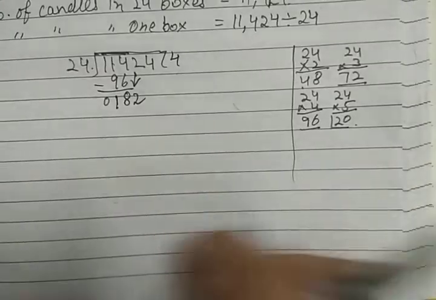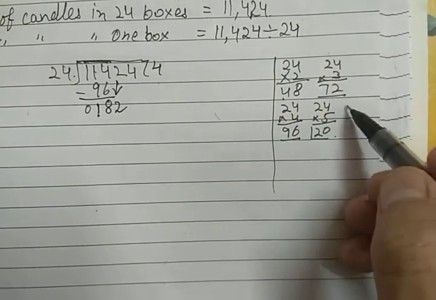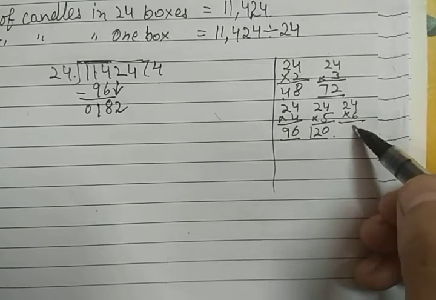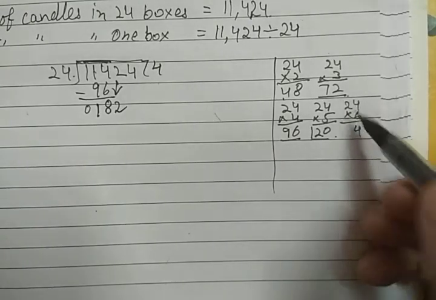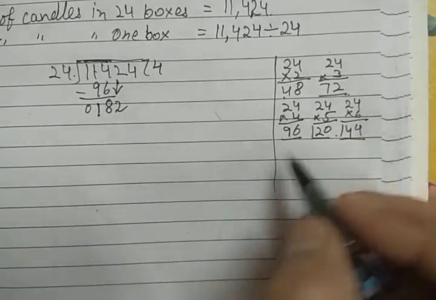Now here, 24 fives is 120, which is smaller, so we will move further. 6 fours are 24, 6 twos are 12, plus 2 is 14.